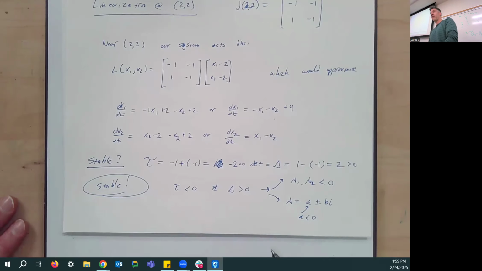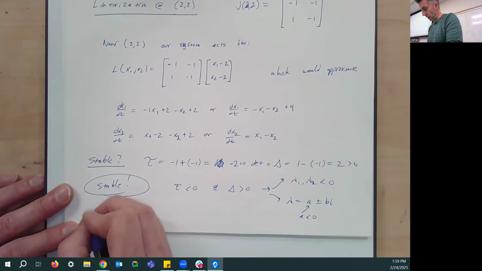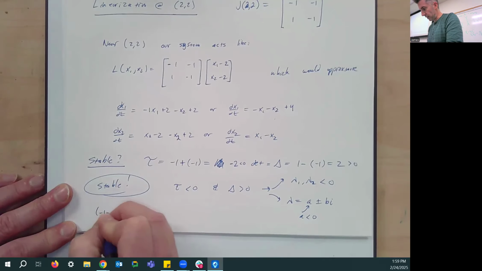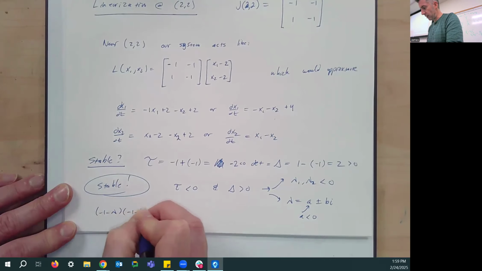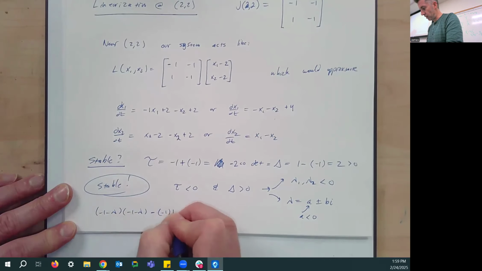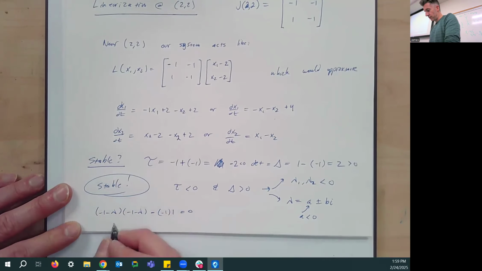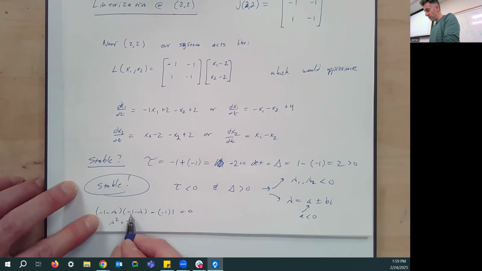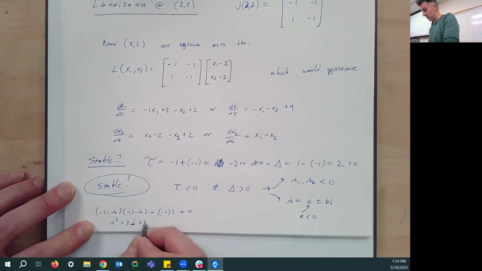Now, if you actually found the eigenvalues here, you get negative 1 minus lambda times negative 1 minus lambda minus negative 1 times 1 equal to 0. That's going to be lambda squared plus 2 lambda plus 1 is plus 2 equal to 0.